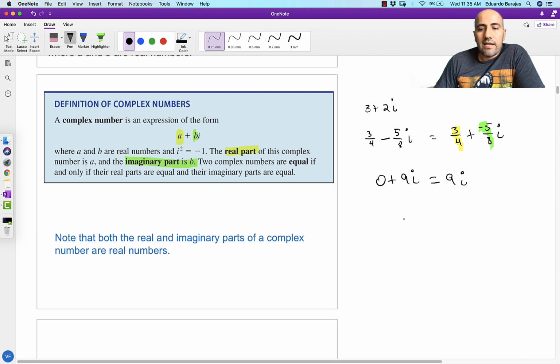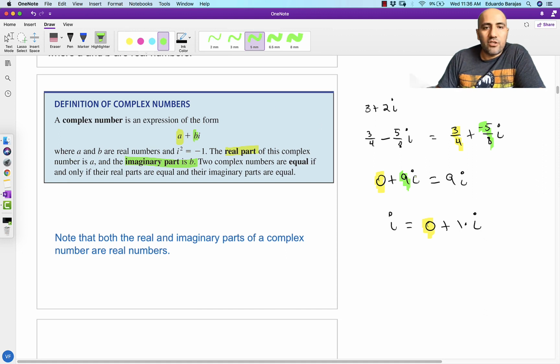Okay, so if you just see 9i, then it is a complex number, and the a, the real part, is 0, and the imaginary part is the 9. Okay, so if you just see the i by itself, then we can rewrite it as 0 + 1 times i, and so the real part is 0, and the imaginary part is a 1.